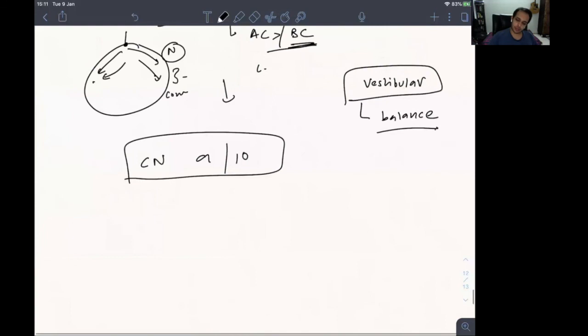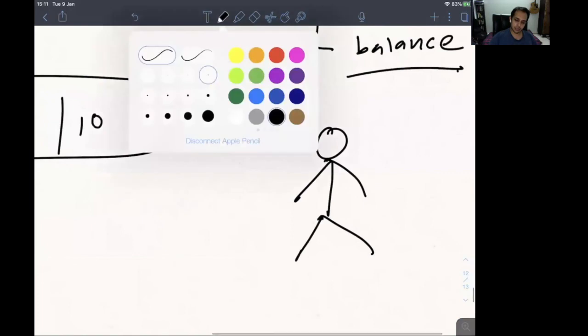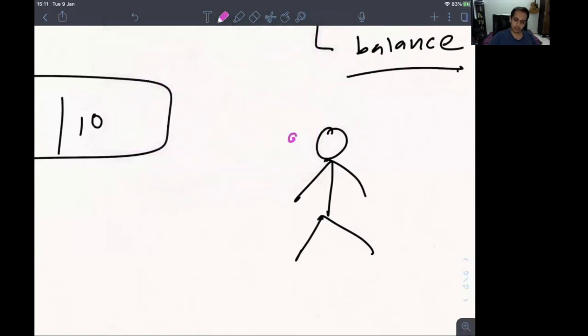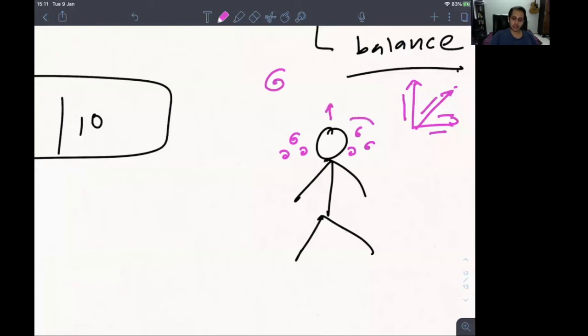So if there is a patient, the vestibular system contains these semicircular canals on both sides, and it is like a XYZ axis kind of a thing, where using fluid that keeps traveling down these semicircular canals, we are judging if the head is facing upwards or tilted to one side, or is it continuously moving.